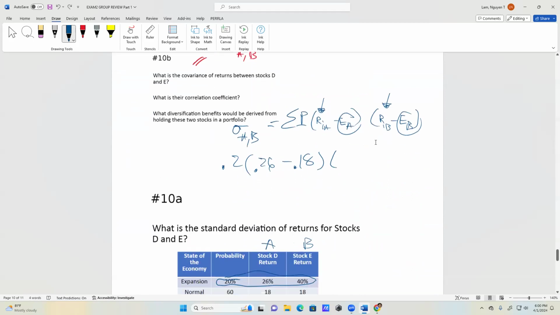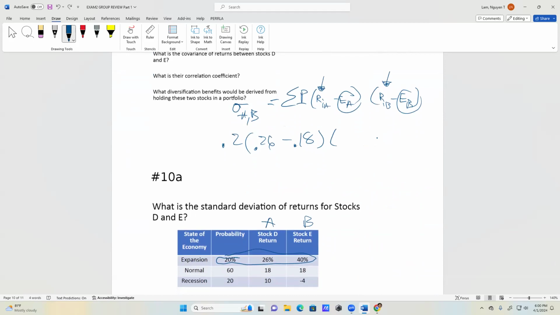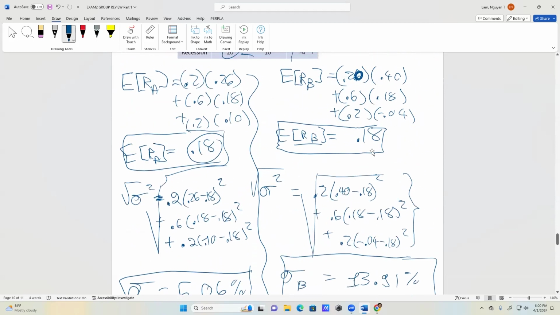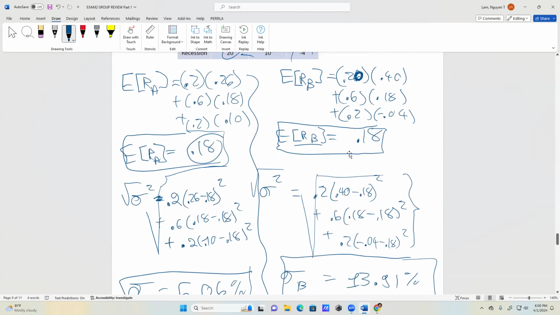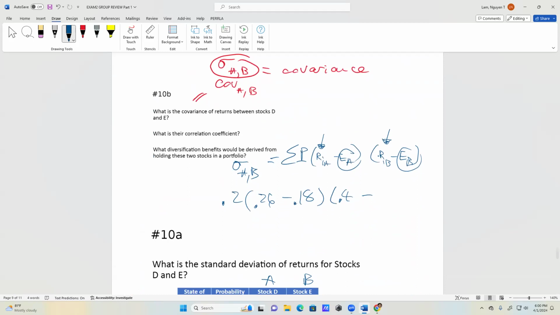Continuing, for that 20% probability next to it, for stock B that's 0.4 minus ERB. In this case it is the same as ERA, 0.18. However, it could be different. In some cases the 0.18 right here could be 0.17 or 0.16.